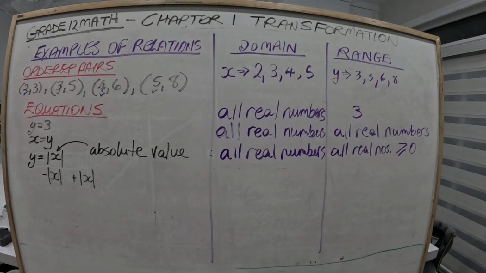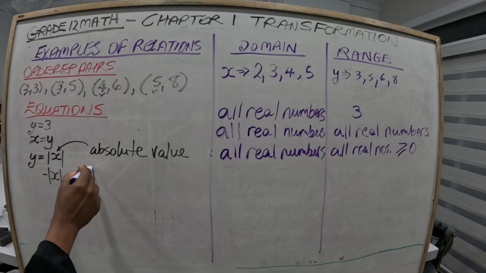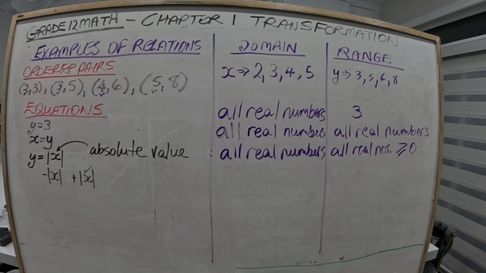You know why? Because the absolute value of x will never be less than 0. The reason is that even if x is negative, the result will never be negative. That's why y must be greater than or equal to 0. It will never be less. Okay?